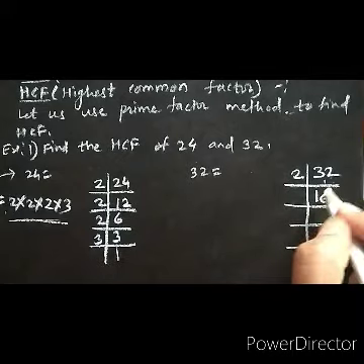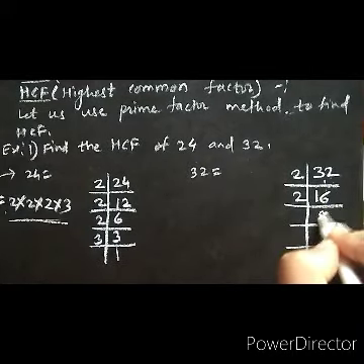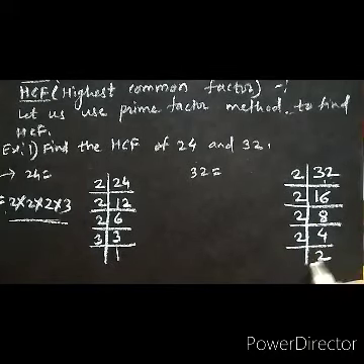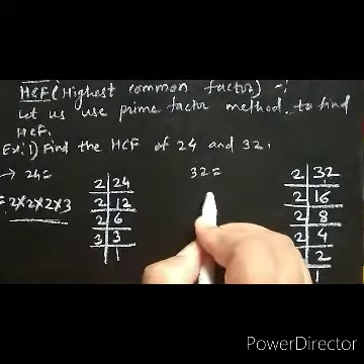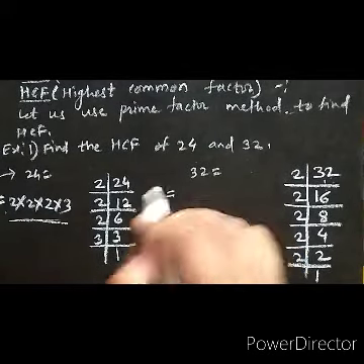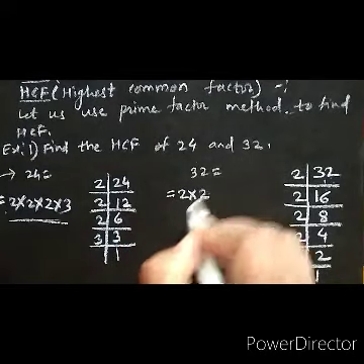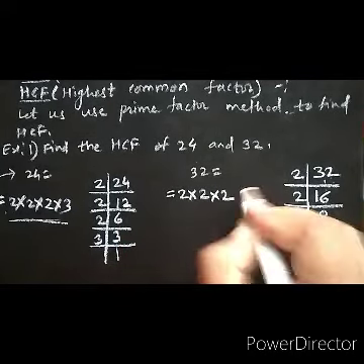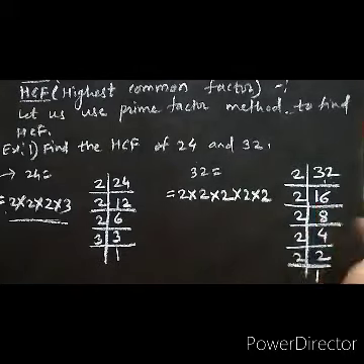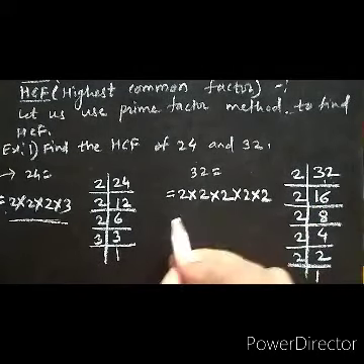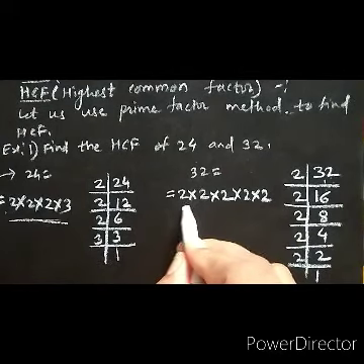Again 16 is divisible by 2, 2 eights are 16, 2 fours are 8, 2 twos are 4, and 2 ones are 2. Now we got factors of 32. 2 occurs 5 times, 2 into 2 into 2 into 2 into 2. So we wrote prime factors into product form.